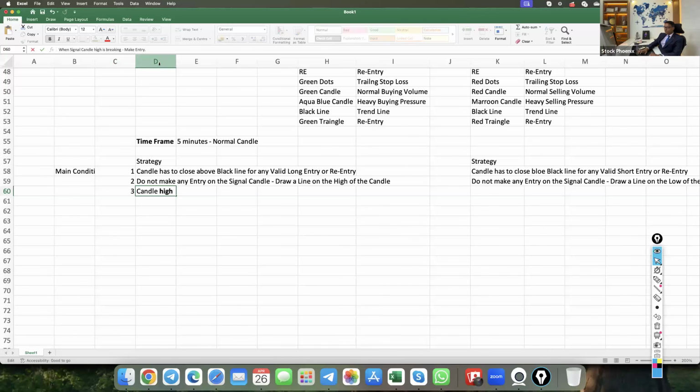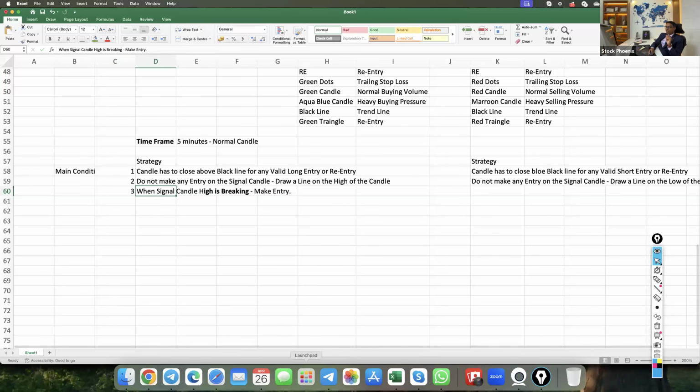Any confusion, whatever question you ask, I will read only this highlighted one. Now, whatever question is there, please ask me on the entry part. Anyone having any question on the entry part, please ask me right now. Should we wait for the next candle to close before we take an entry? Mr. Shiva, when the signal candle high is breaking, make the entry.